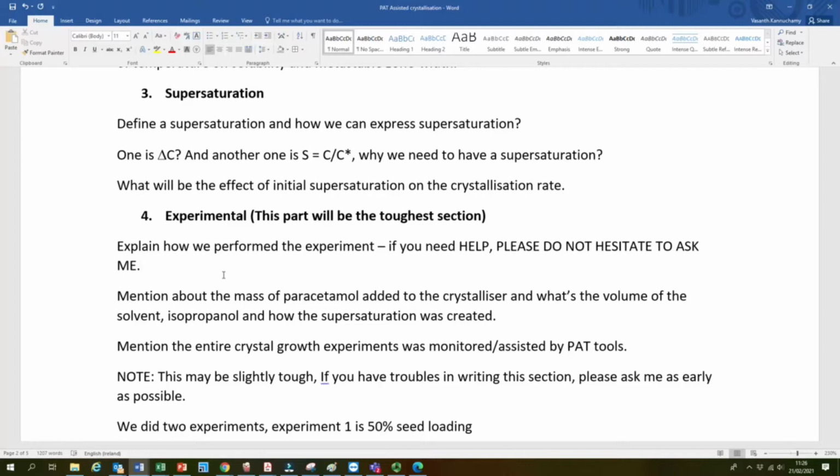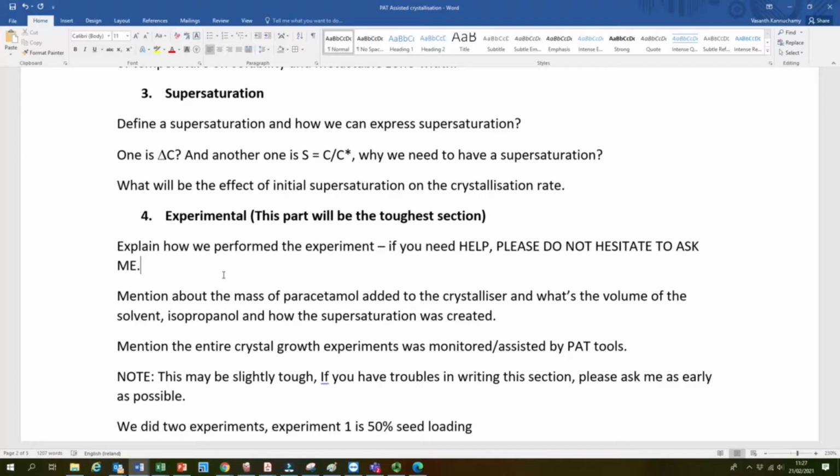We added 750 milliliters, and I think somewhere around 64 grams of paracetamol, I think 64 or 68, not sure, or maybe 76. Check video part 4 and part A to know how many grams of paracetamol we added in 750 ml of isopropanol, and how we created the supersaturated solution.